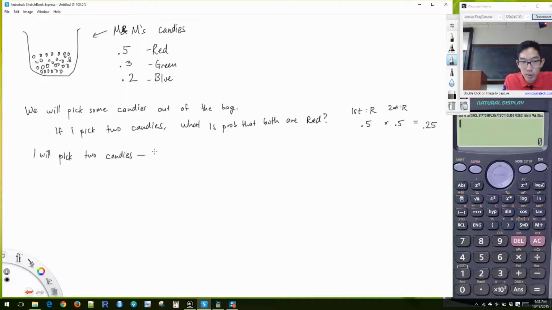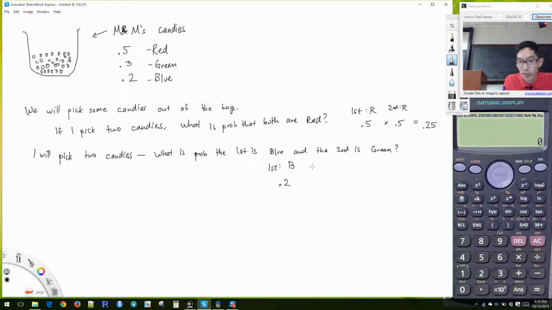Okay, and I'm going to ask, what is the probability the first is blue and the second is green? How often does that happen? Okay, so the first candy has to be blue. What is the probability that the first one's blue? 0.2.